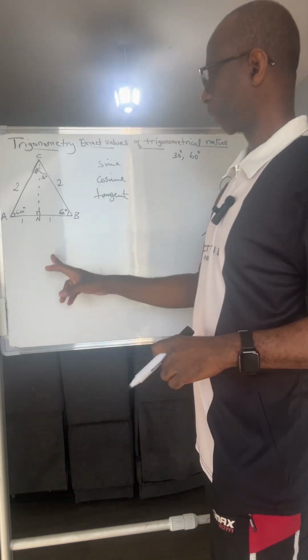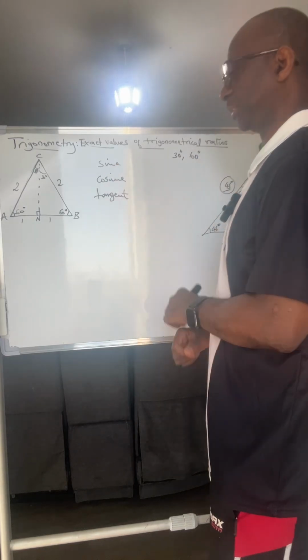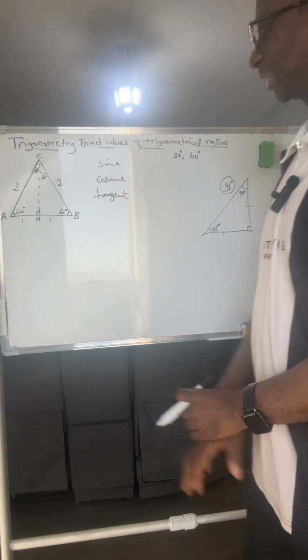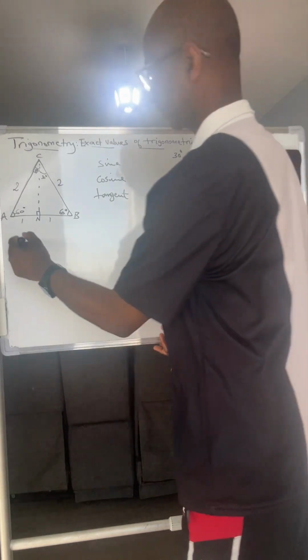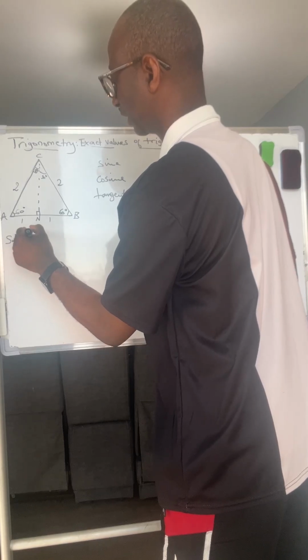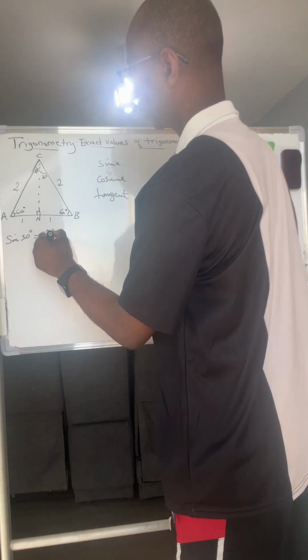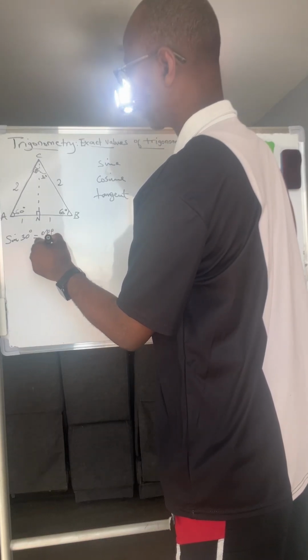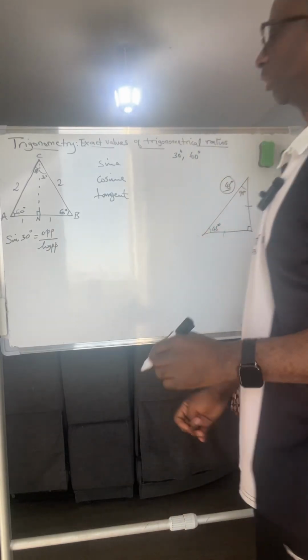So we want to find the sine of 30 degrees. What is sine 30? The sine of 30 degrees equals the opposite over the hypotenuse of the triangle.